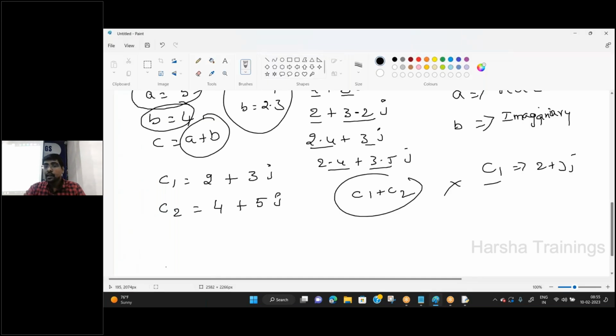You got my point? For that, you use a command real. C1 dot real. Now, what is the meaning? From this C1, we are extracting only the real value. C1 dot imag. Now you are getting it. From this C1, we are extracting the imaginary part.